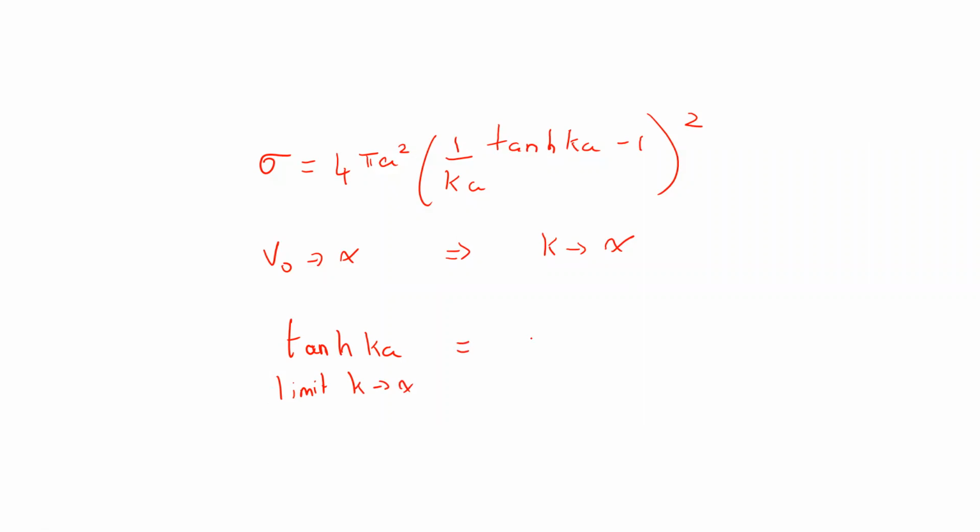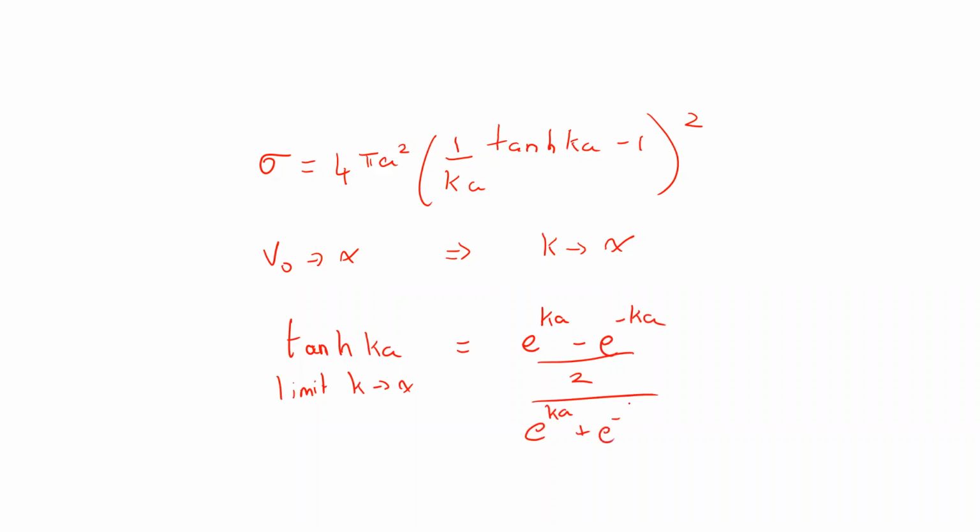Now this can be written in terms of exponentials. So tan hyperbolic is sin h by cos h, right? So this is the sin hyperbolic function in terms of exponentials, and this is the cos hyperbolic function in terms of exponentials. So this just becomes 1 minus e to the power of minus 2 ka divided by 1 plus e to the power of minus 2 ka.